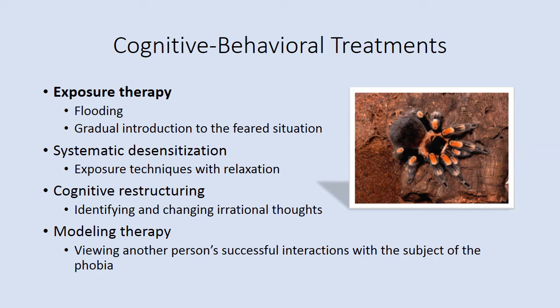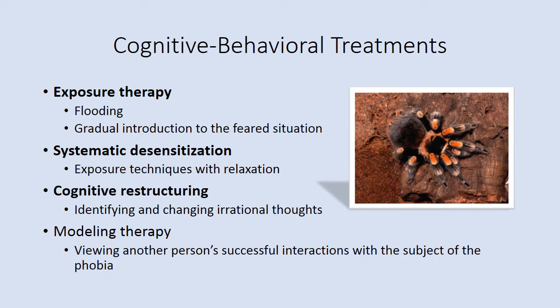Another technique is systematic desensitization, which involves a gradual, slower, more comfortable process of exposure while the client is in a relaxed state. This way, the client learns to relax and pairs this calm response with the stimulus.